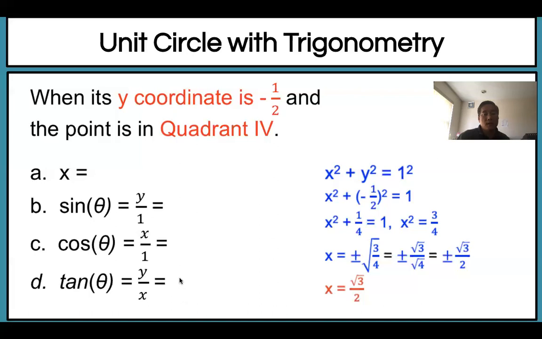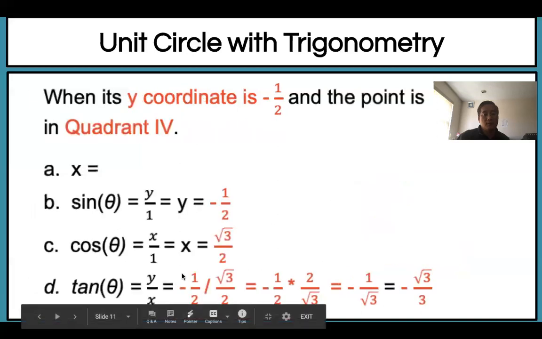So sine, negative half, over cosine, square root of 3 over 2, right? Look at this. And how do you change this division into multiplication? How do you divide fractions? You change the division to multiplication and take the reciprocal. So it is negative 1/2 times 2/√3, and simplify.